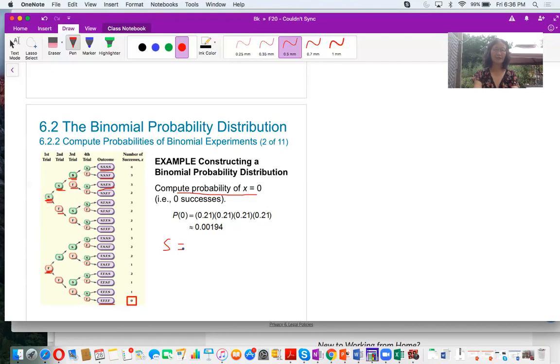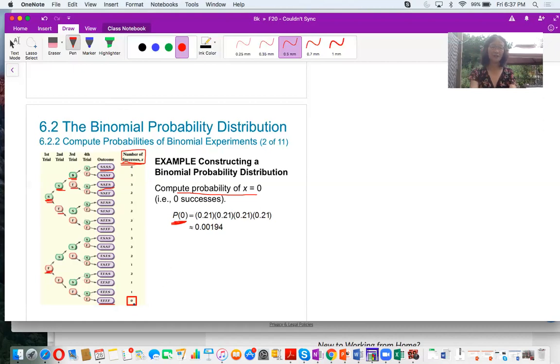So this is the random variable x, the number of successes. S is success. The question is, what is the probability of 0 successes? When you choose 4 flights, none of them are on time.